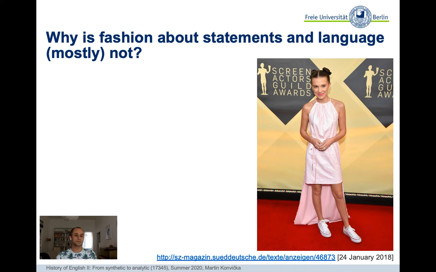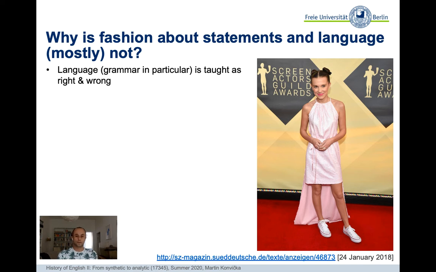Another thing is that if we talk about language and if we are taught language, for example, in foreign language classes, very often we hear things that are wrong and things that are right, correct usage and incorrect usage and so forth.